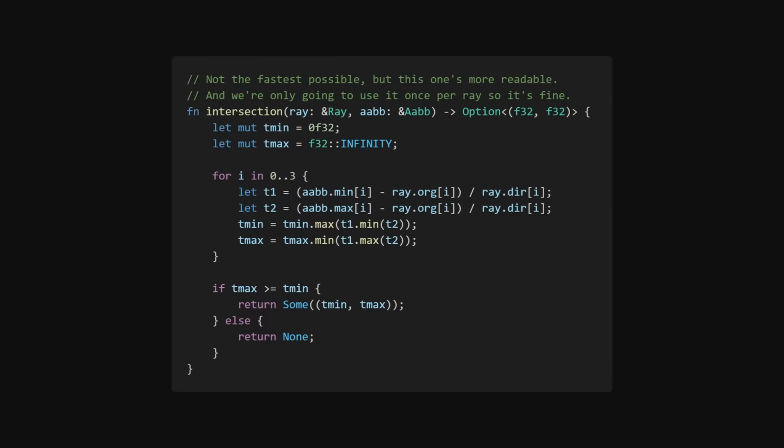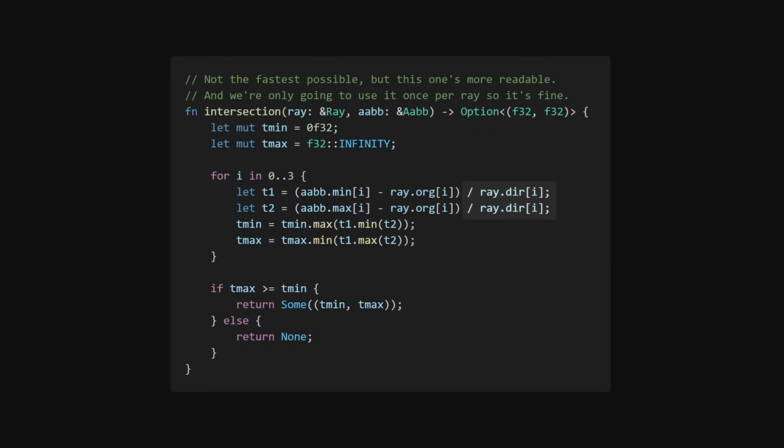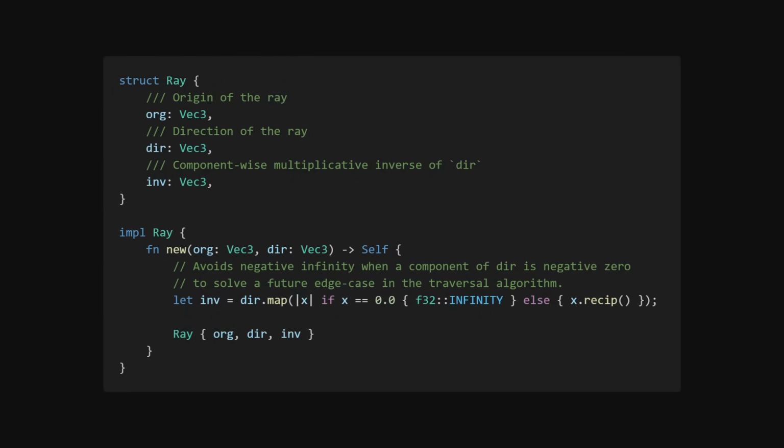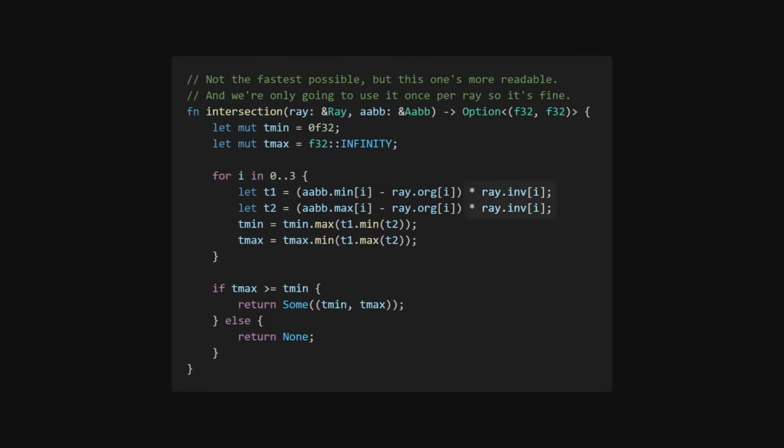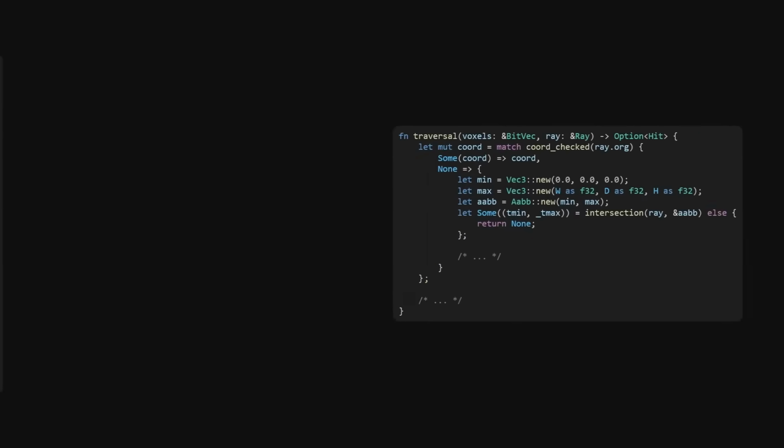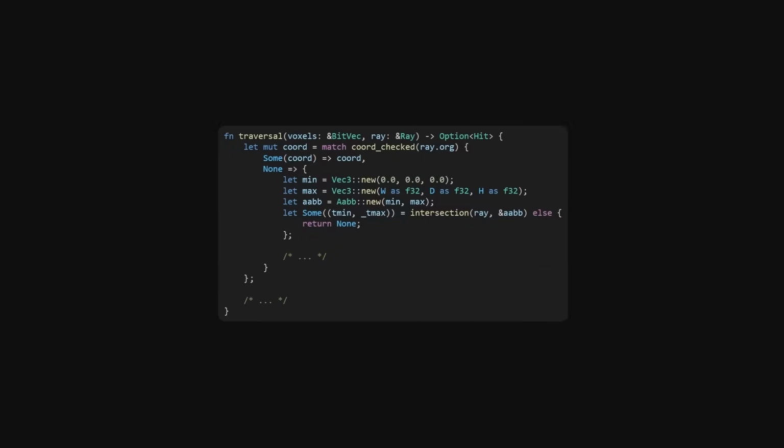for ray AABB intersection. Now, because it's almost always faster to multiply than to divide, it makes sense to pre-compute 1 over the direction and store that in our ray struct, and then multiply by that instead of dividing by the direction. From the ray AABB intersection algorithm, we get the values of t when the ray enters and exits the bounding box.